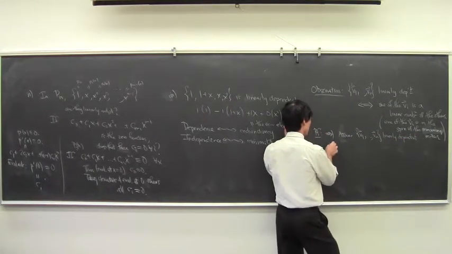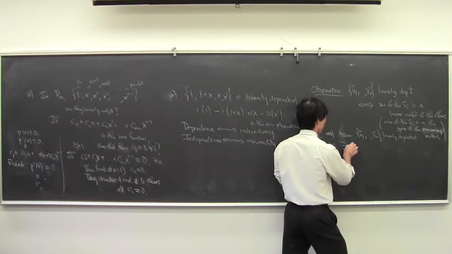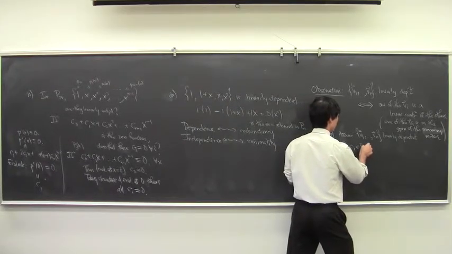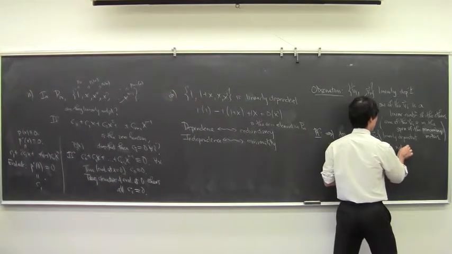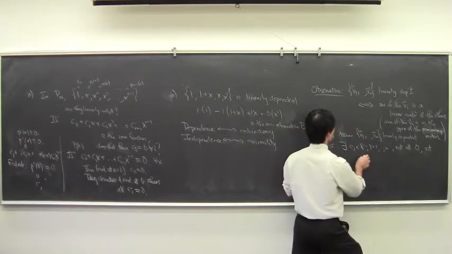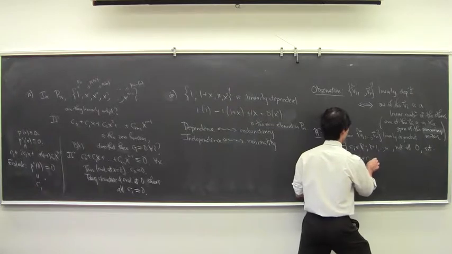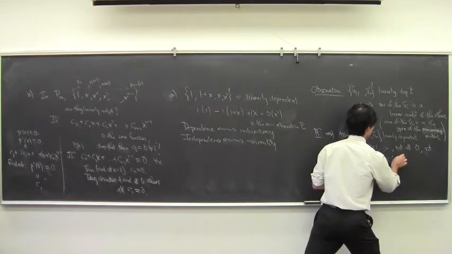In other words, there exist coefficients Ci in R, from i equals 1 to n, not all 0, such that C1 V1 plus C2 V2 plus ... plus Cn Vn is the 0 vector.